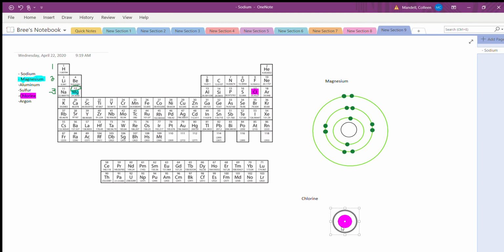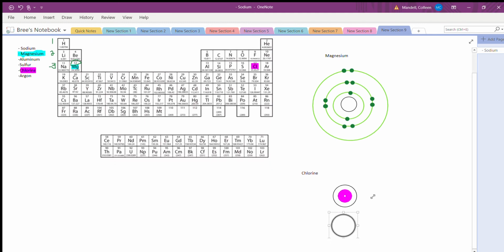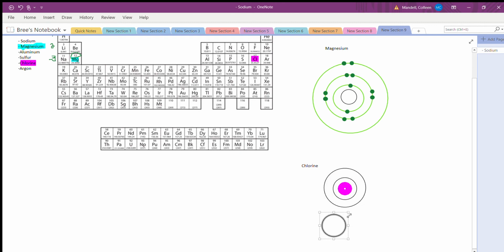One, two, and 3. Okay, now I've got my shells, I've got my nucleus. I need to add my electrons. How many electrons will chlorine get? Well, its atomic number is 17, so I think it should get 17 electrons. Let's go ahead and place those.